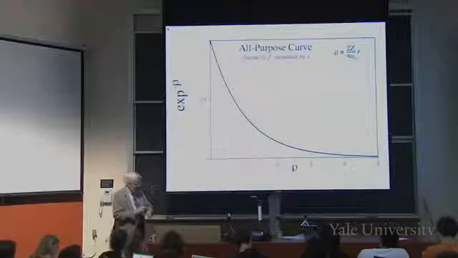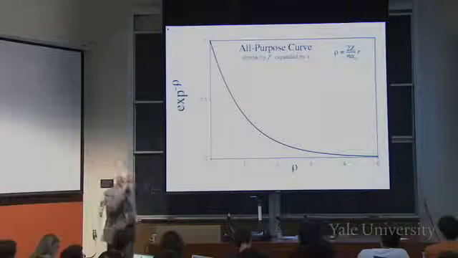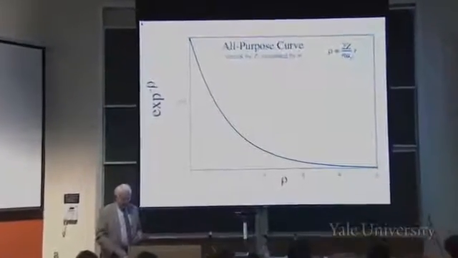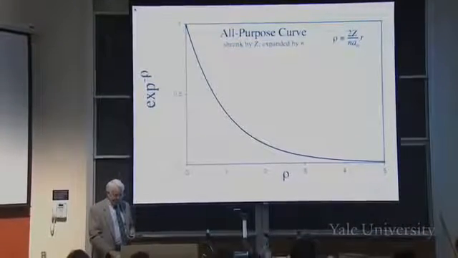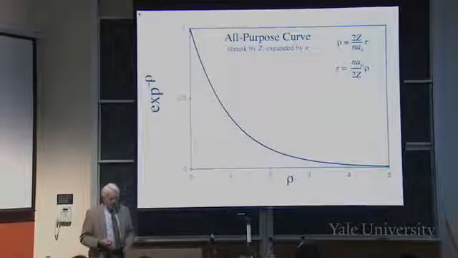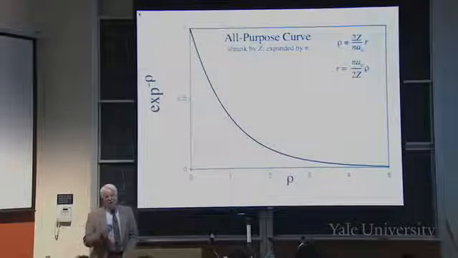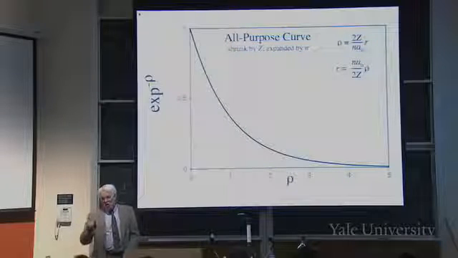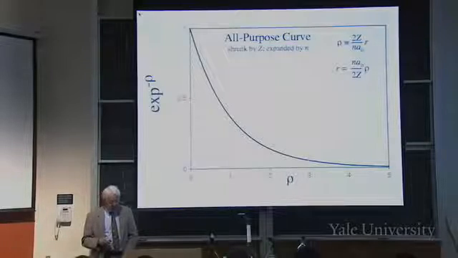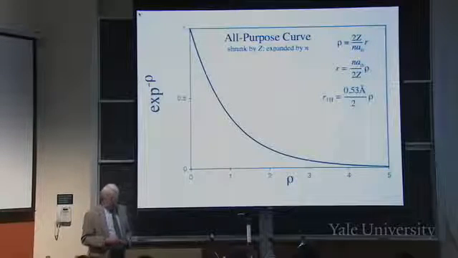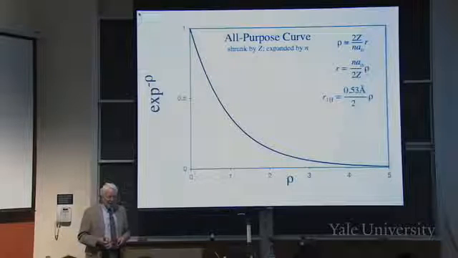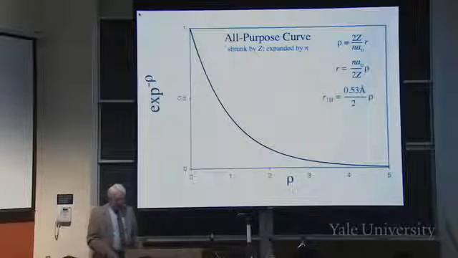Okay, now let's just look at this scaling quickly. So here's e to the minus rho as a function of rho. Now we can rearrange this: r is that. If we want to make a new plot which has the horizontal axis being r, being distance, instead of rho: for a hydrogen atom, the 1s orbital, a0 is 0.53 angstrom.